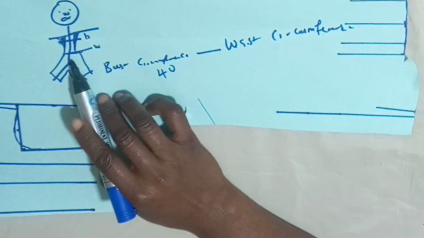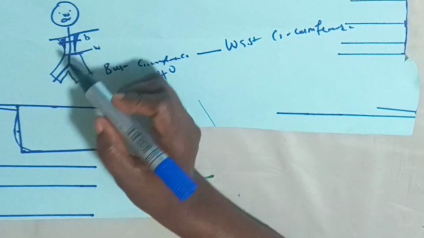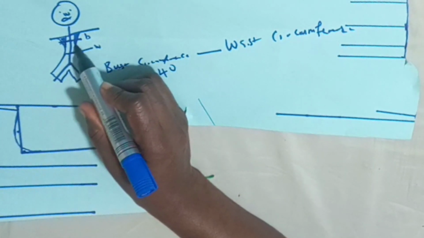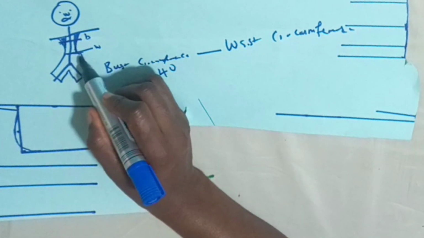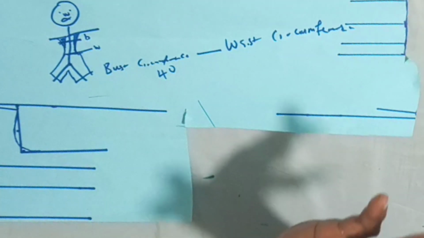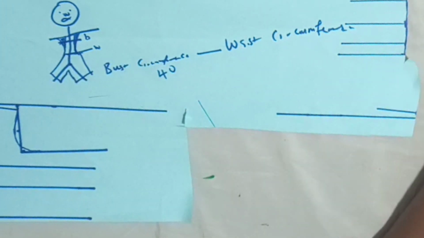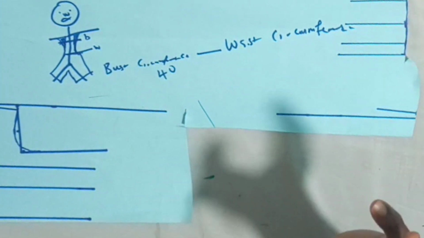Now come down to the waist, and where did I tell you is your waistline? Your waistline is that part of your body where there is a curve. It looks like there's a curve, but most times it's not the same for everybody. There are some people that have tummy that there's no curving. Do you understand? So you have to take that into consideration.